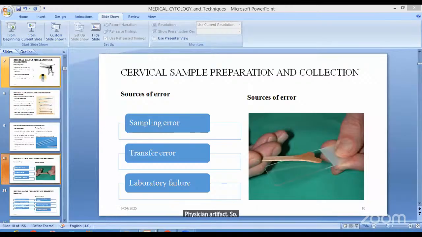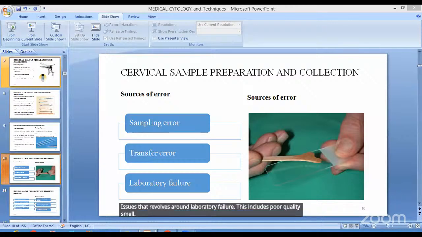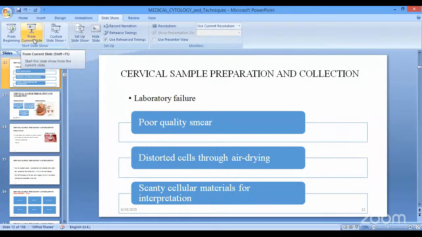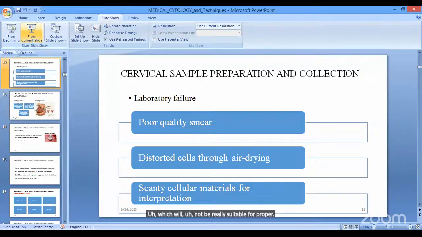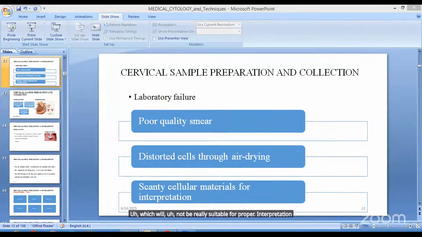So all this must be taken into consideration while handling specimen for cytological diagnosis. Issues that revolve around laboratory failure include poor quality smear, distorted cells through drying, and scanty cellular material, which will not be really suitable for proper interpretation. All this may lead to misdiagnosis.